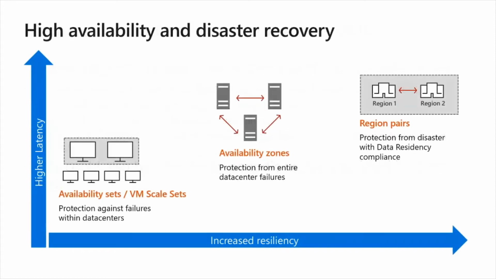So how do you make your application highly available? You have availability sets, VM scale sets, availability zones, and region pairs. These increase resiliency and lower latency, and both high availability and disaster recovery combined together will increase your resiliency.